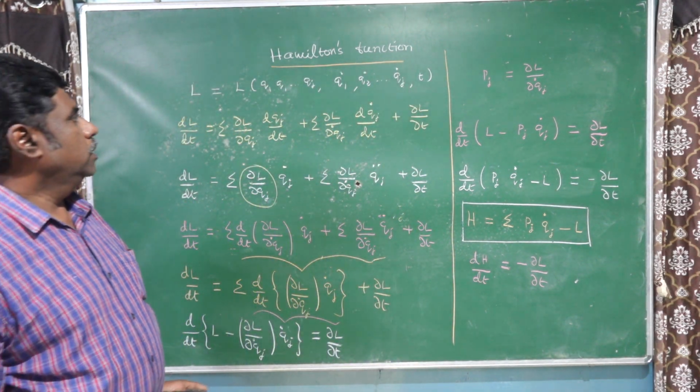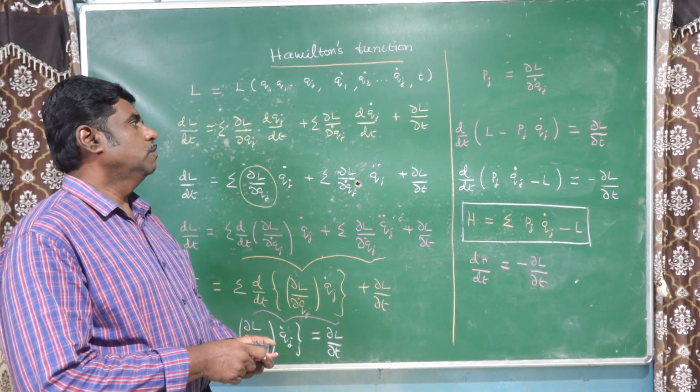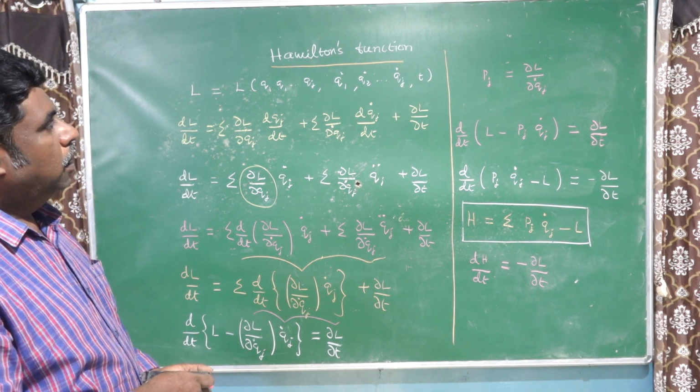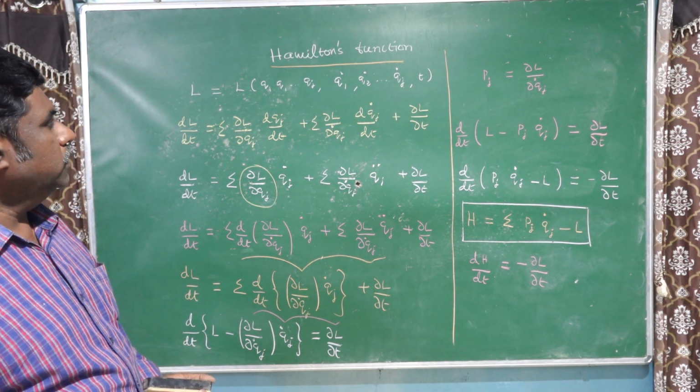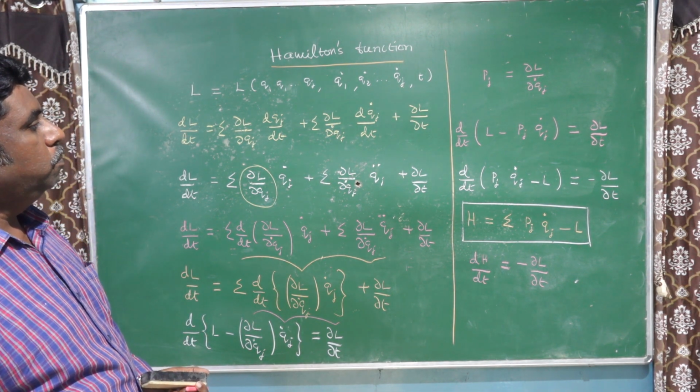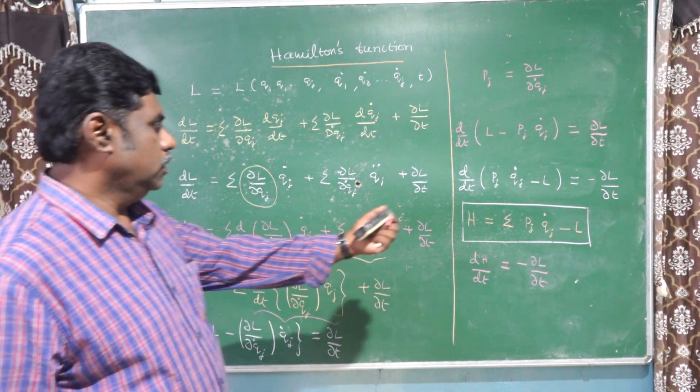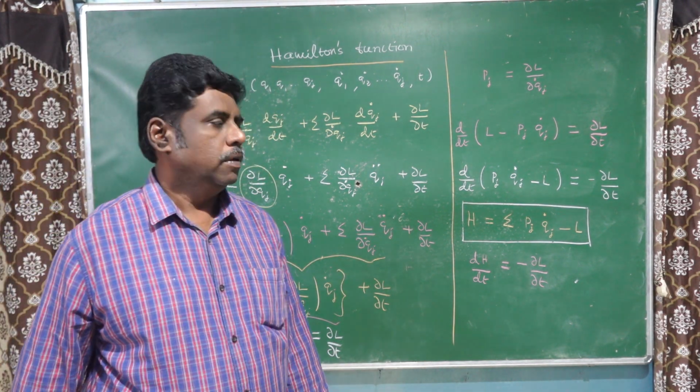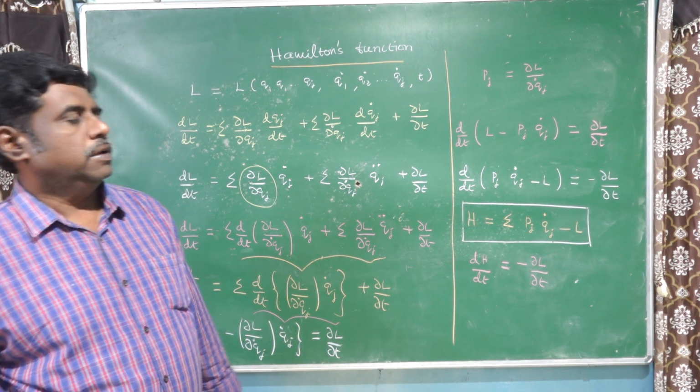That's all about the Hamilton's function. With the help of Hamilton's function, we may prove that H equal to T plus V. We will discuss the same in the next lecture.